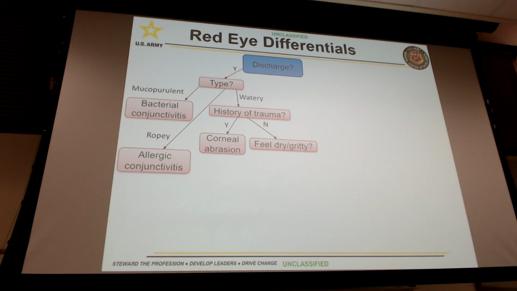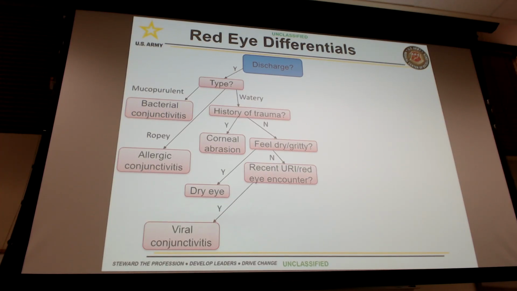No history of trauma, and they're dry and gritty. Now you've got dry eye. Not dry and gritty. Now you've had a recent URI, upper respiratory infection. Now you finally have viral conjunctivitis. Is there a white spot on your cornea? Now you've got some sort of corneal infection.